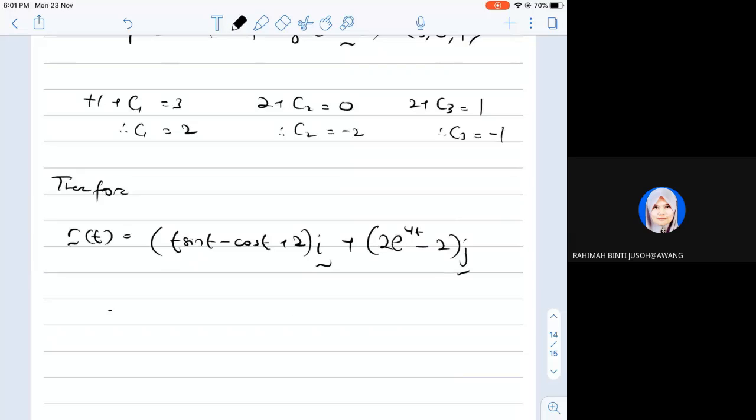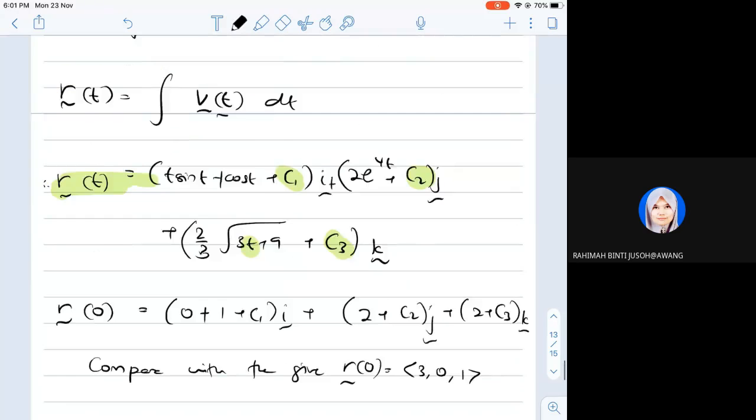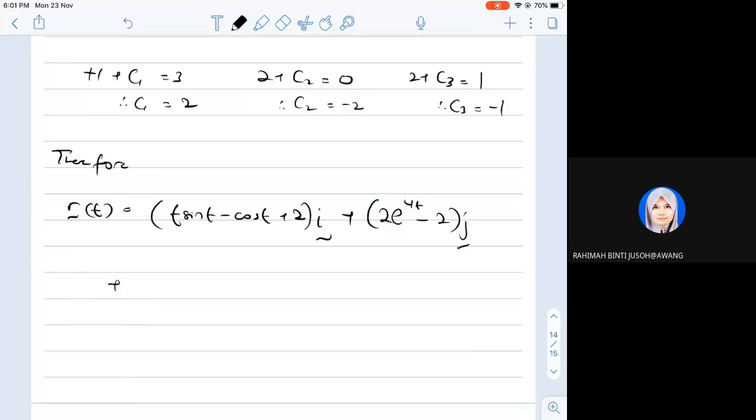And then plus C3, so we have this function 2 over 3 square root of 3t plus 9 minus 1 k.